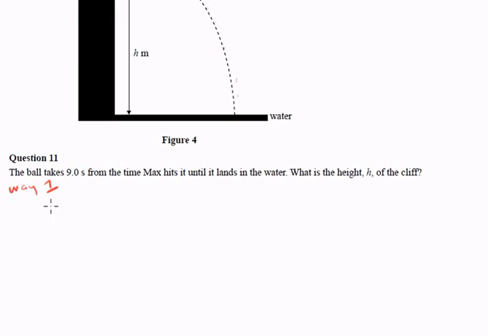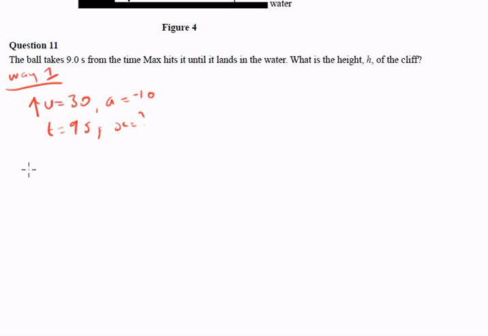So we know u equals 30 upwards, a equals negative 10 downwards, and they've given us time equals 9 seconds. We want to find x equals question mark. The equation of motion is x equals ut plus half at squared.